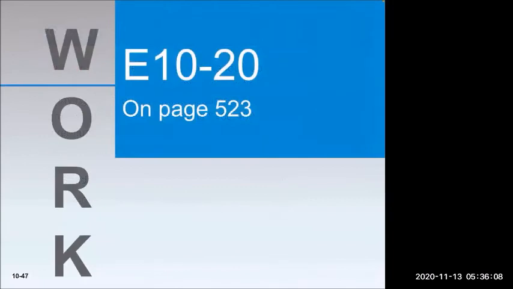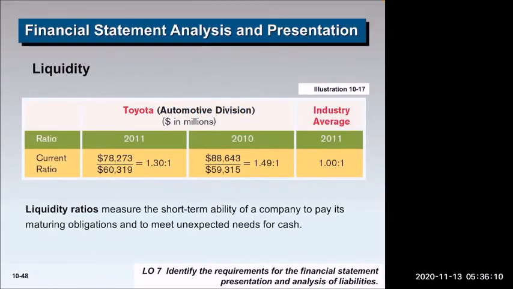A couple of ratios I'd like you to know. We already know this one, but since the current liabilities are coming up again, the current ratio equals current assets over current liabilities.